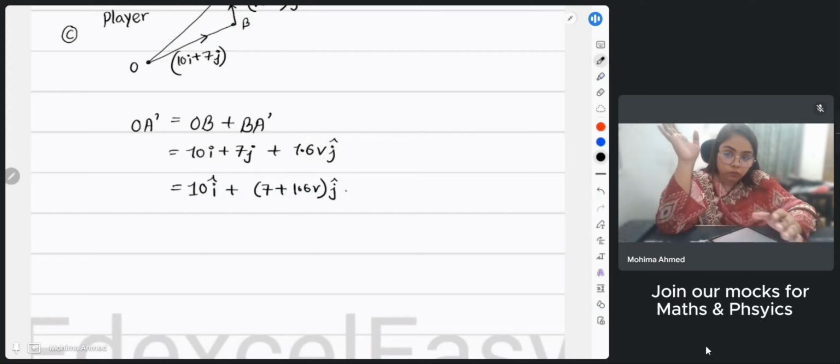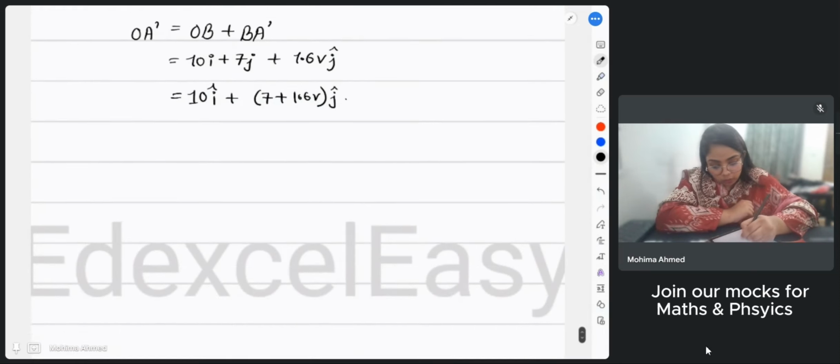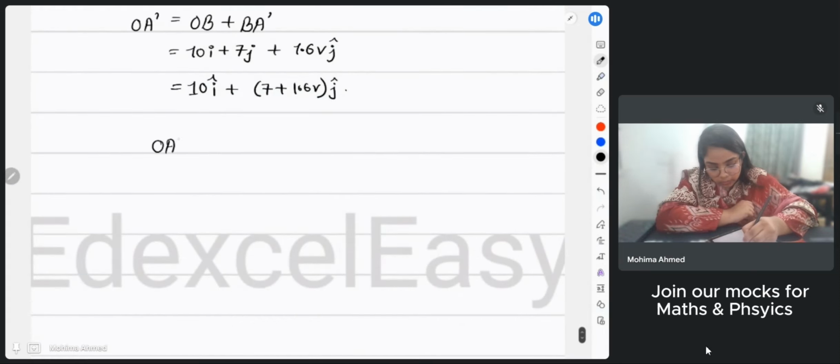Now I got two expressions for OA, one for the ball, one for the player. I can obviously make them equal to each other and use that to find the value for V. So OA prime in terms of the ball equals OA prime in terms of the player.